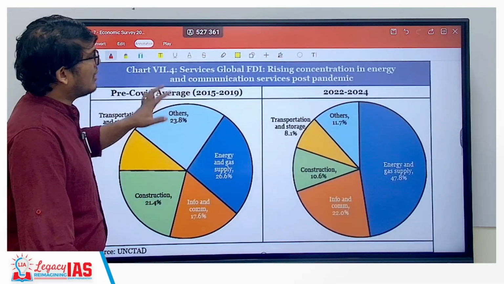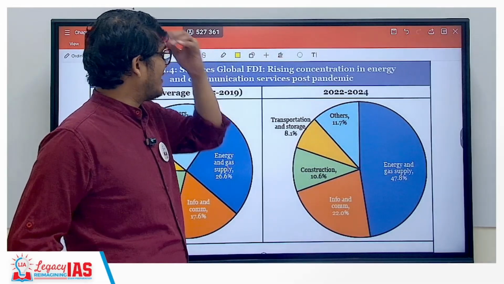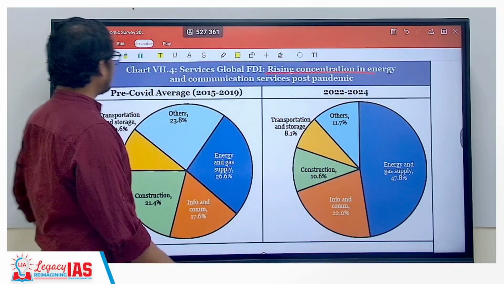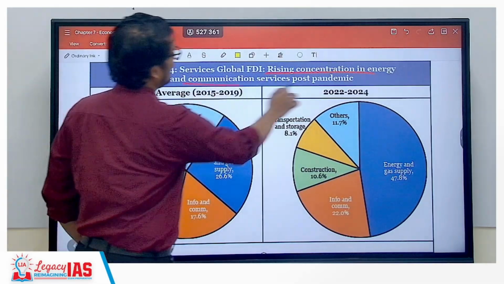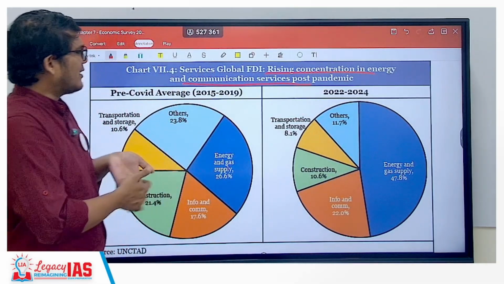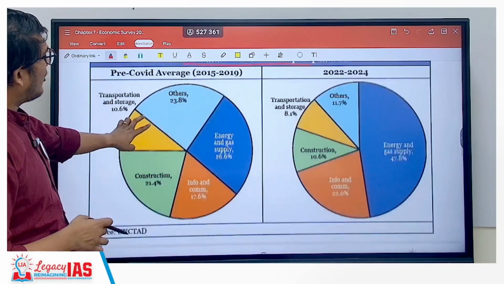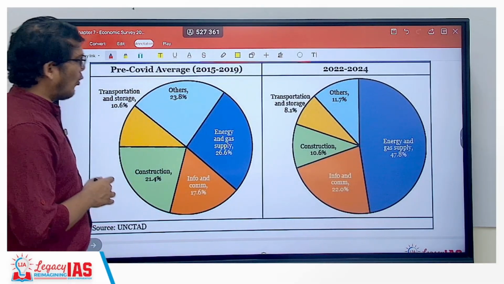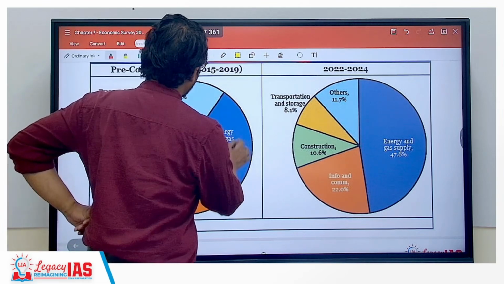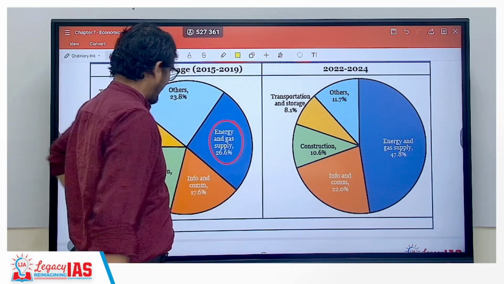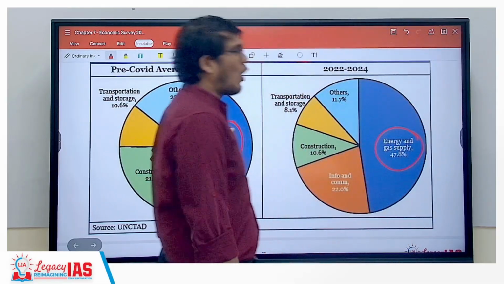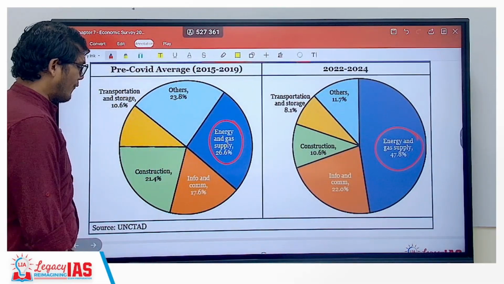Let's talk about the services global FDI. It says that there is rising concentration in energy and communication services post-pandemic. This is a pie chart that talks about pre-COVID and post-COVID. If you look at pre-COVID, you had energy and gas supply at 27%. Now energy and gas supply has almost become half.